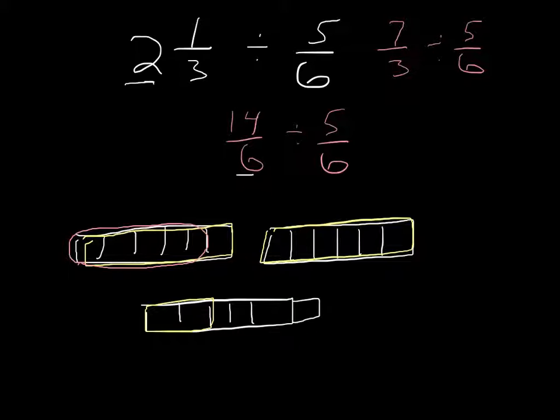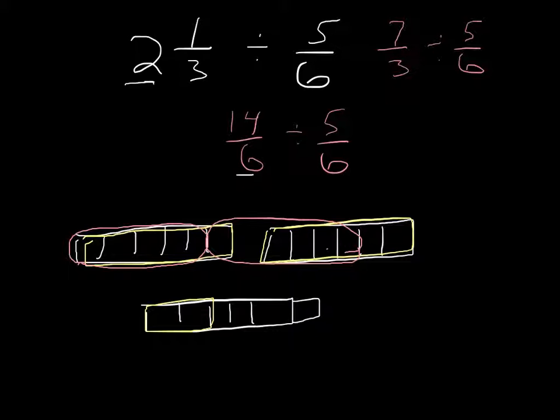Okay. 1, 2, 3, 4, 5. So there's another one right there. That's another 5 out of the 6 that I'm looking for. And I got 1, 2, 3, 4 out of the 5 that I'm looking for. So it's 4/5.